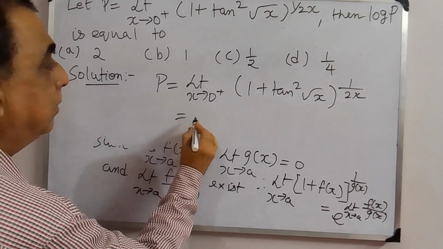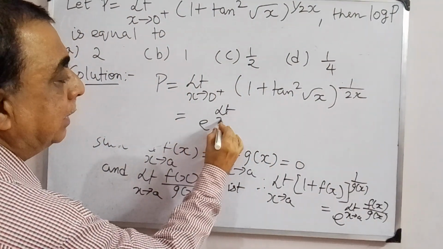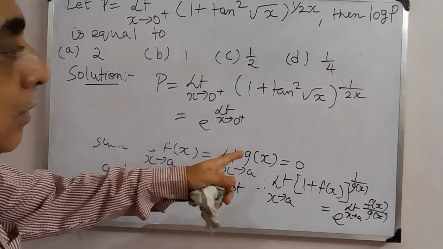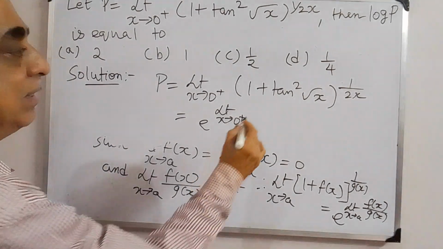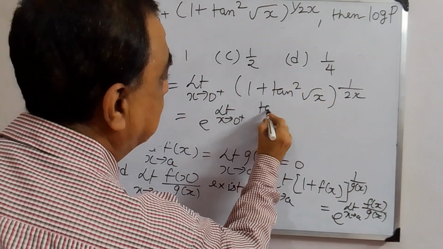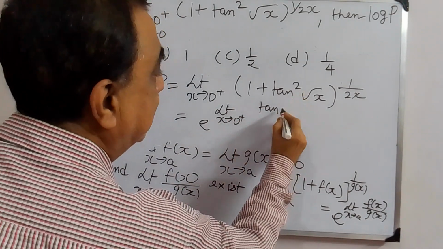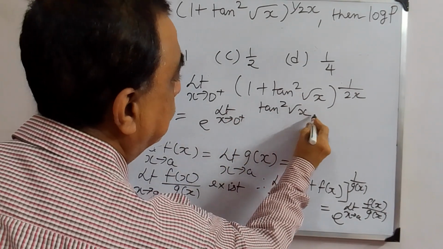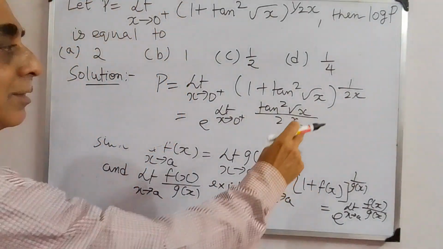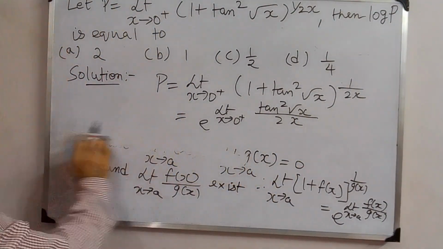So this becomes e to the power limit x tends to 0 plus of f of x divided by g of x. f of x is tan squared root x, so this becomes e to the power limit x tends to 0 of tan squared root x divided by 2x, and this 2x is g of x.